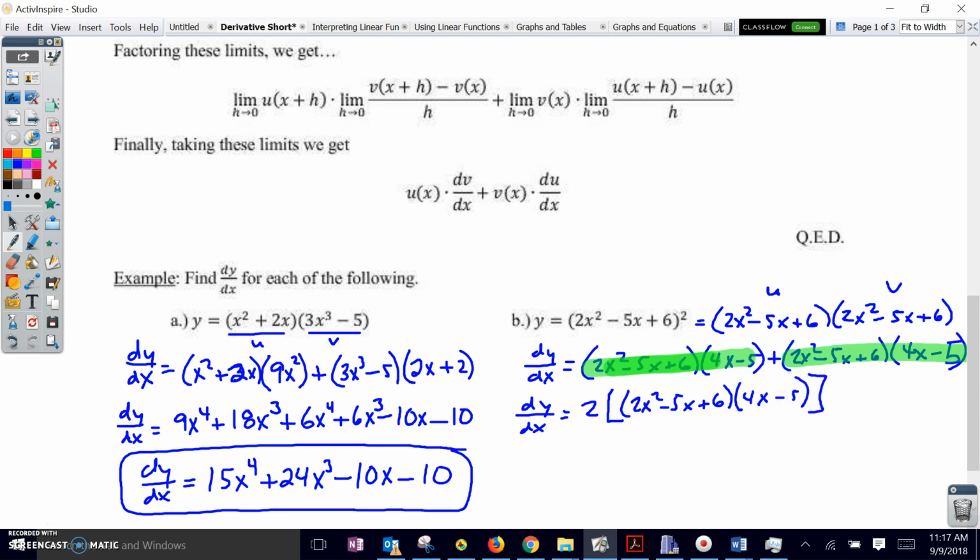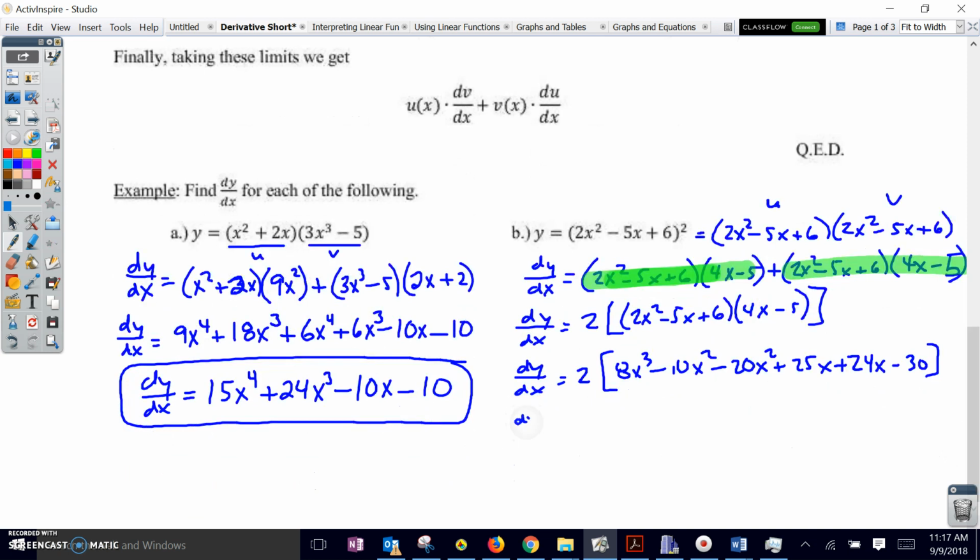And so I'll go ahead and simplify what's inside the brackets here. And we've got 8x to the third minus 10x squared minus 20x squared plus 25x plus 24x minus 30.